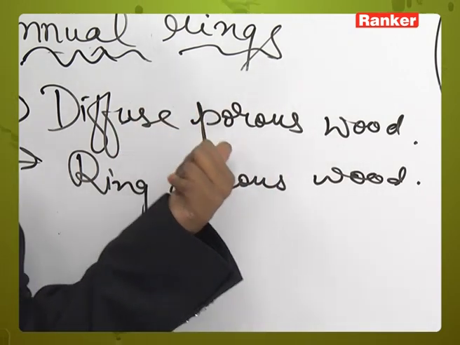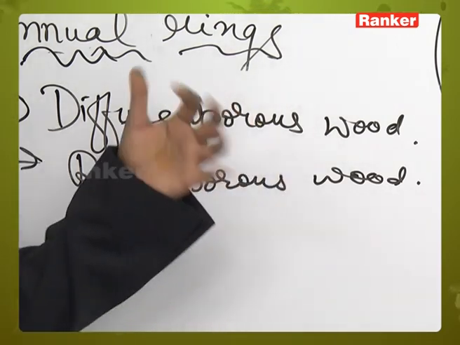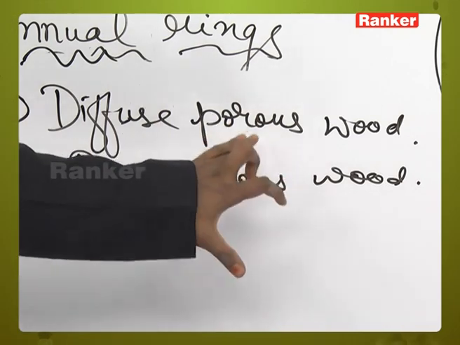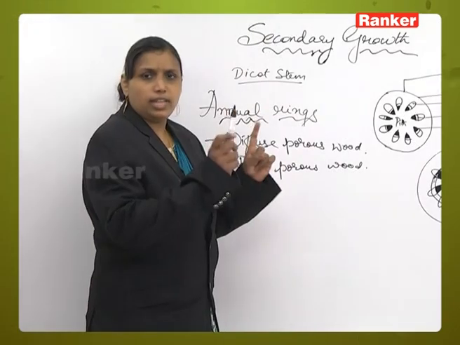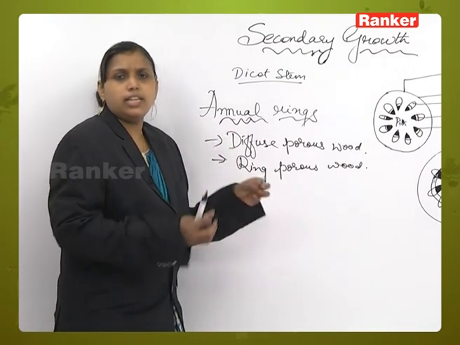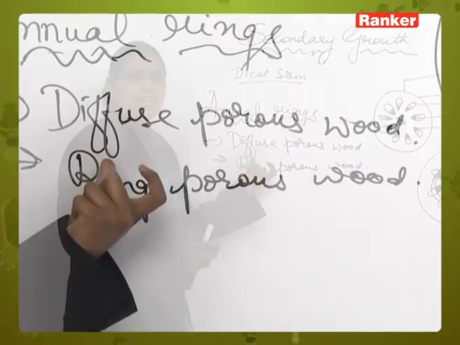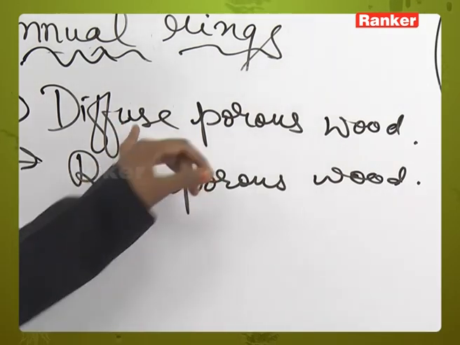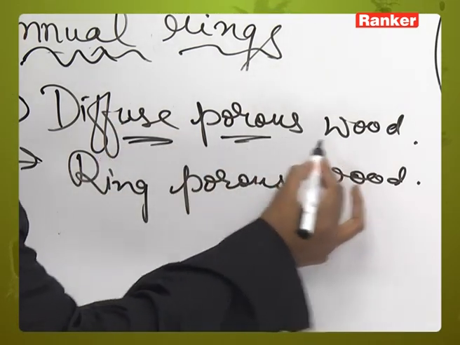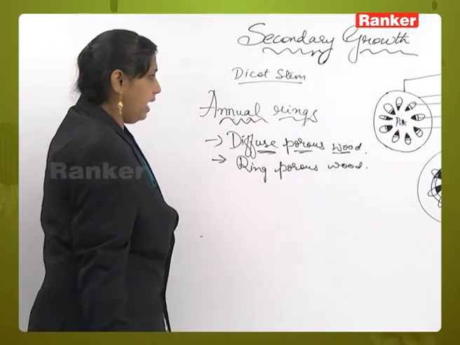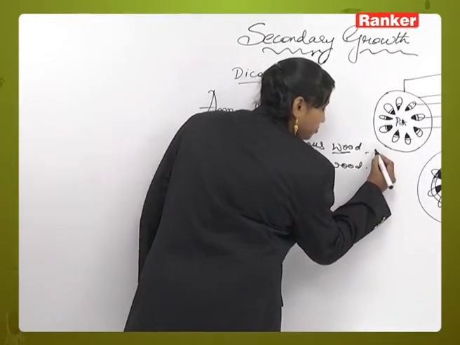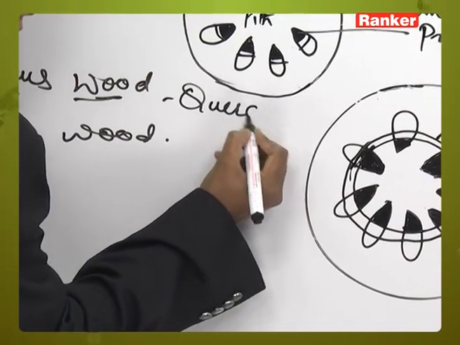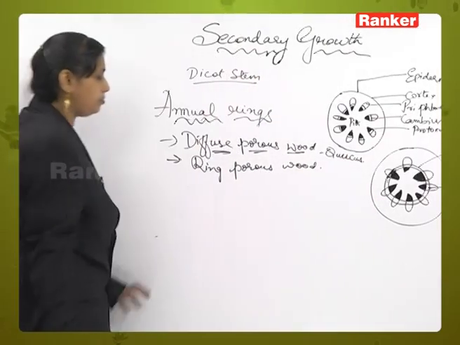Diffuse porous woods are those types of woods which have the appearance of the vessels clearly. So, that type of wood with vessels which are thinner and longer, which will show the clear appearance of a vessel, is called diffuse porous wood. Example for this will be Quercus.